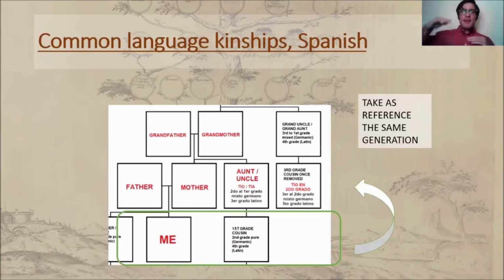So their parents are my second-grade uncles or aunts in Spanish: tío, uncle, or tía, aunt, en segundo grado. So that is a way on how in Spanish we can explain distant relationships in common language.